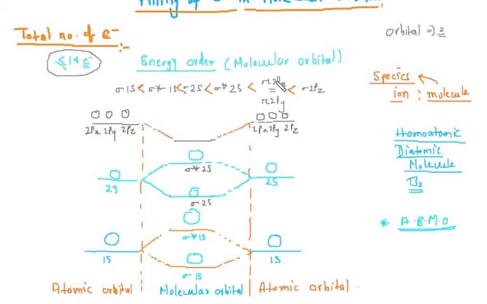So you can see here there are two p orbitals. Let me draw. These are the two molecular orbitals having energy lesser than the atomic orbital, and then comes 2pz. So there is another one. So these are the two molecular orbitals with the name pi 2px.